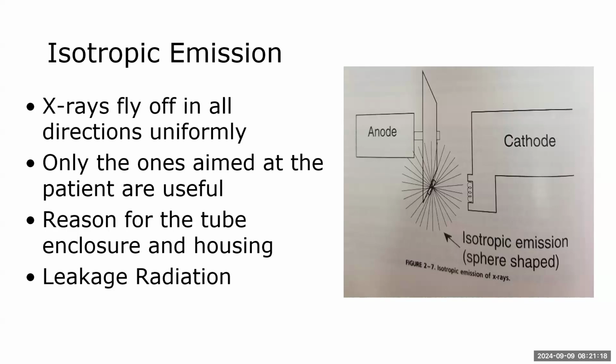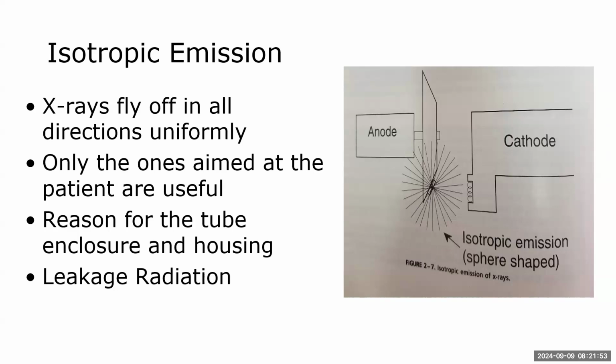Okay, so isotropic emission. That means that the X-rays that are created fly off in all directions uniformly in a sphere shape. But only the ones that are aimed at the patient are useful. So this is why we have the tube enclosure and the housing, just to prevent leakage radiation. Because the only photons that we're interested in are those X-ray photons that are down here, right around in here, that are going to come through the window of the tube enclosure and be directed at the patient.